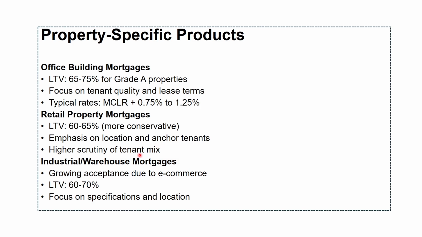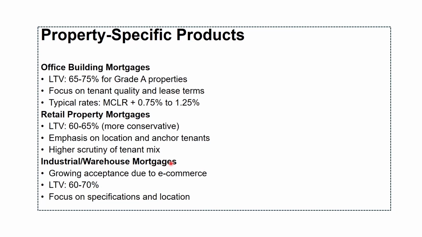Then we have industrial warehouse mortgages, where there is growing acceptance due to e-commerce. There has been a lot of pickup in this area, and that has happened due to the requirement of e-commerce. They need more and more warehouses for expanding their operations throughout different parts of India.